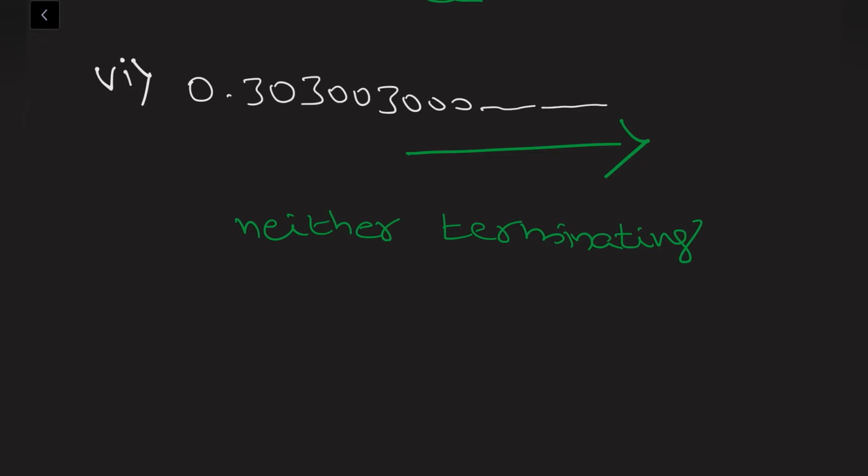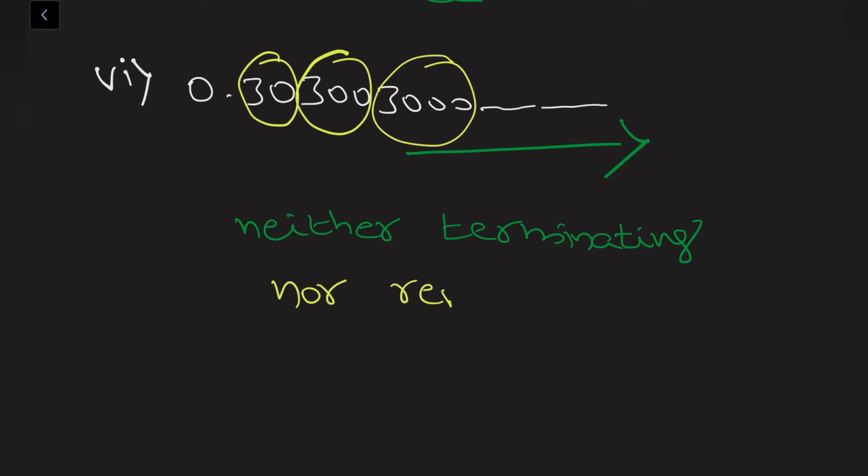Next, is it following any pattern? Here 30, here 300, here 300. Still, if we continue further, 340, 350, 360, 370, 380, it continues like that only. So it is not following any particular pattern. So neither terminating nor repeating. The decimals which are neither terminating nor repeating are irrational numbers.